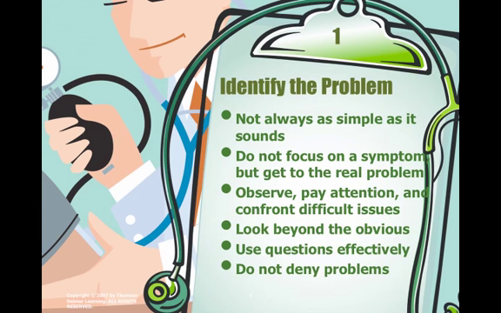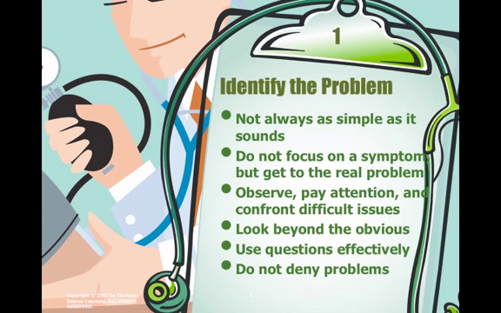However, identifying the problem, and this is in step 1, it's not always as easy as it sounds. Sometimes we really have to think about what's going on to be able to clearly identify that problem, and not focus on a symptom, but get into the real problems. Because sometimes there's a lot of symptoms, and you really have to think about what the problem is.